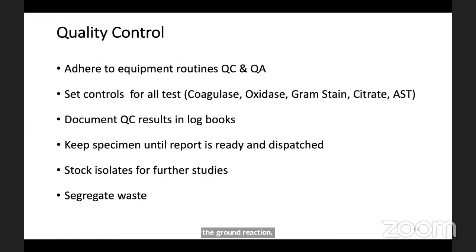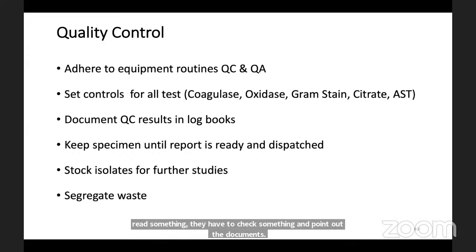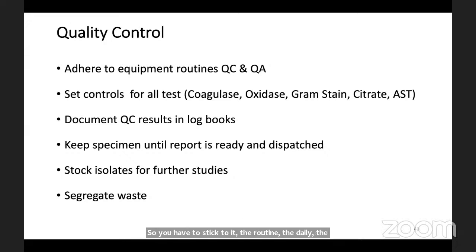Okay, so this quality control is for all the three that we have done. And because there's an equipment here, the automated blood culture system, we should adhere to the routine quality assurance and quality control processes of the machines. Some of the BacTec machines, every day you have to print something, every day you have to check something and print out and document. So you have to stick to it, the routine, the daily, the weekly, the monthly, so that the equipment will work as it is supposed to work.